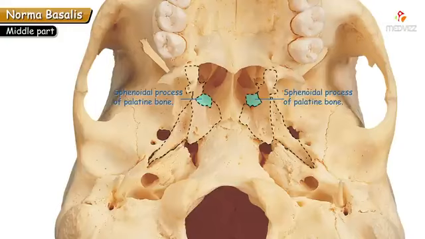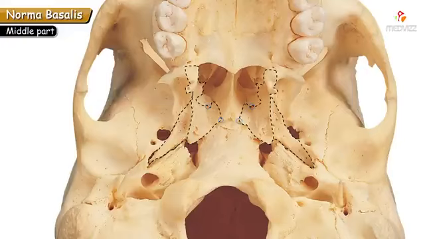If we trace the medial pterygoid plate, it continues as a process which is called vaginal process. This vaginal process of medial pterygoid plate is associated with two tiny foramens. I hope you can appreciate this in the picture. The two tiny foramens are seen where the vaginal process of medial pterygoid plate articulates.